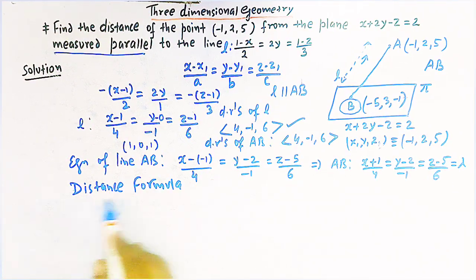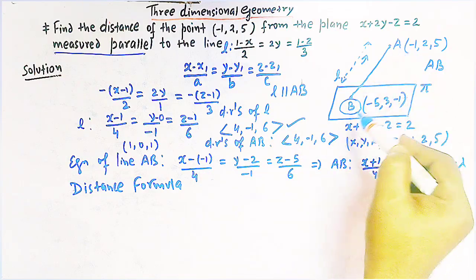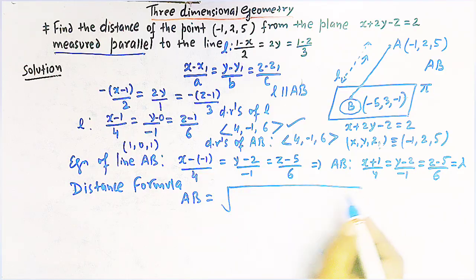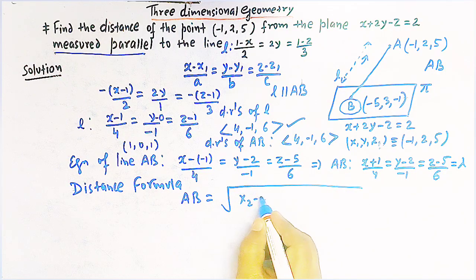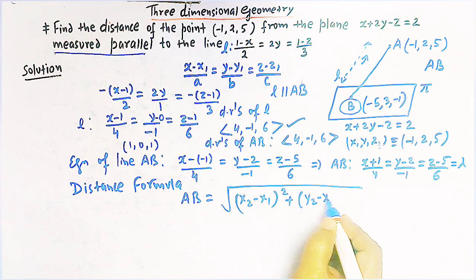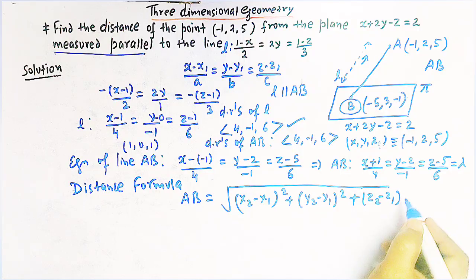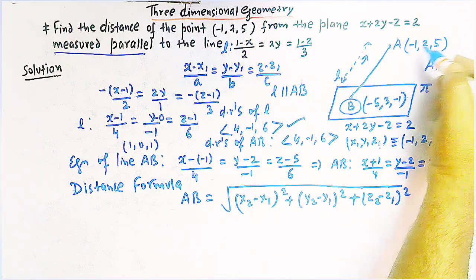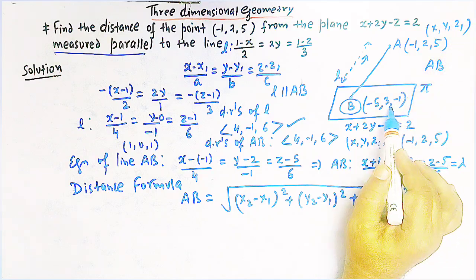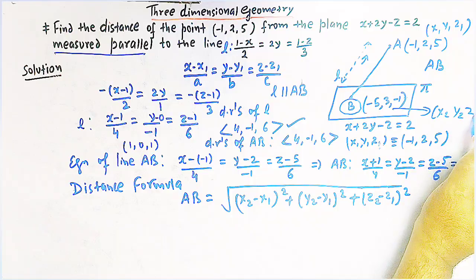So now using the distance formula for these two points, this distance AB is now given by the square root of (x2 minus x1) square plus (y2 minus y1) square plus (z2 minus z1) square, and here we can take this point as x1, y1, z1 and this point as x2, y2 and z2.